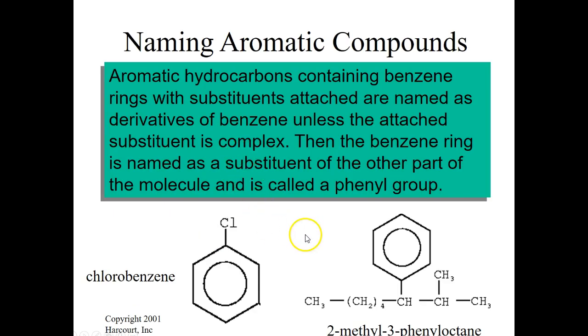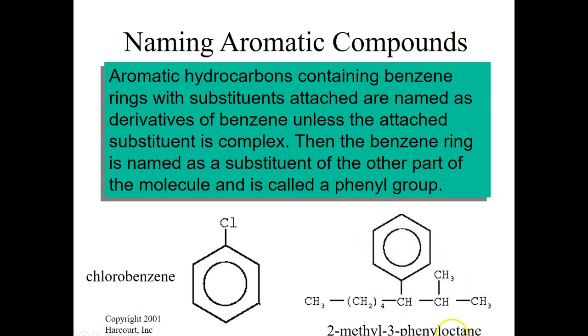So we're going to learn how to name these guys. So this ring is called the benzene ring, but sometimes it's called other things, so it can get kind of complicated. When this is the main structure, then we call it a benzene, and then we say, oh, we're adding things to it. So we have a chlorine on this benzene ring. But if we decide to name the chain first, then this guy is called a phenyl.